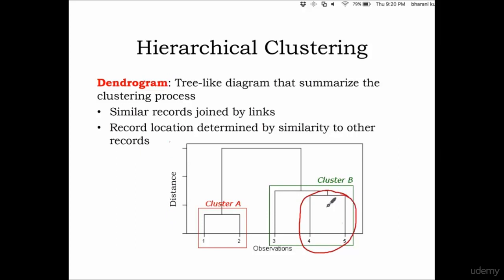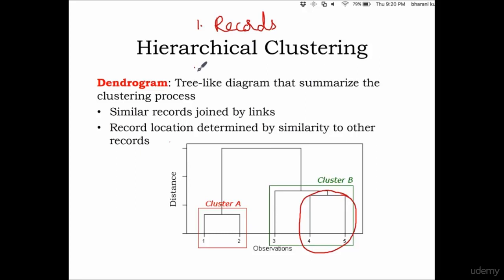Now you need to find out the distance between record 3 and this group of 4 and 5. The first thing is you try to find out the distance between different records, that is, the distance between 1 and 2, and 4 and 5.